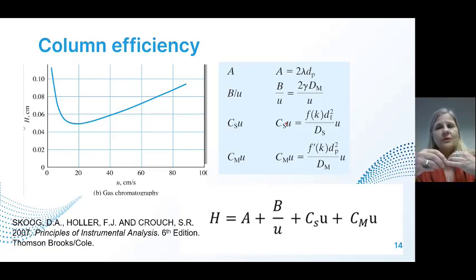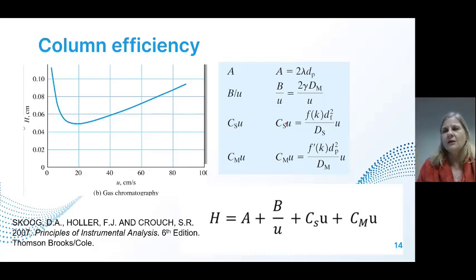You can see you have your distribution coefficient there, and then also, once again, your particle size and your liquid layer on your stationary phase. That's your dF squared and your dP squared values, and also flow rate.